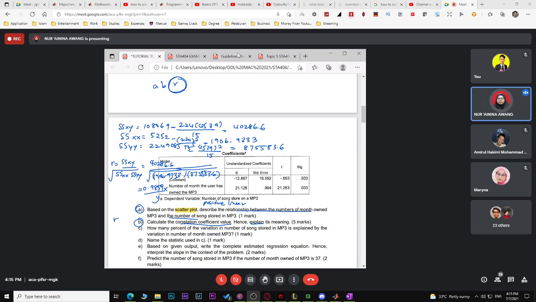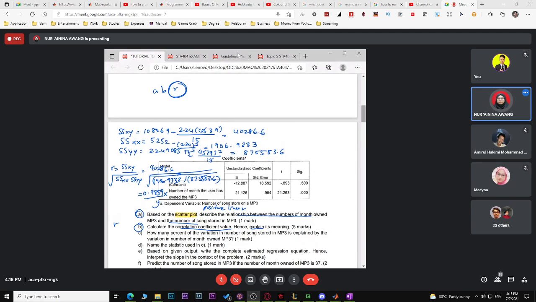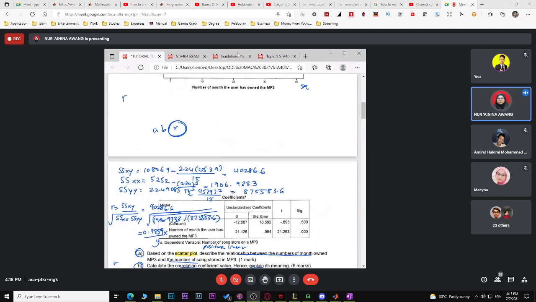Okay, so you need to calculate. If you don't want to show it like this, you can just substitute the values into the formula. So just put in r is equal to 10806 minus 2244539 over 15 over, so you just copy and then write the value here.